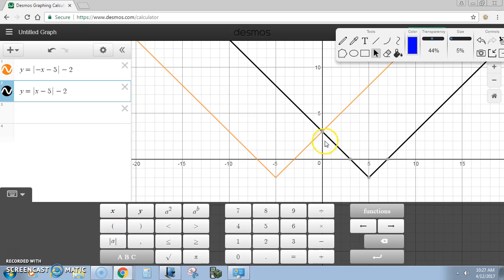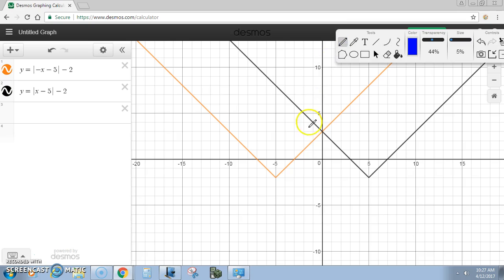What's happened is, if you look at the y-axis right here and you folded it there, they would meet up because we have symmetry across the y. If you put it on the outside, it flips it up and down, you have symmetry across the x-axis. Okay, so one more little thing to think about.